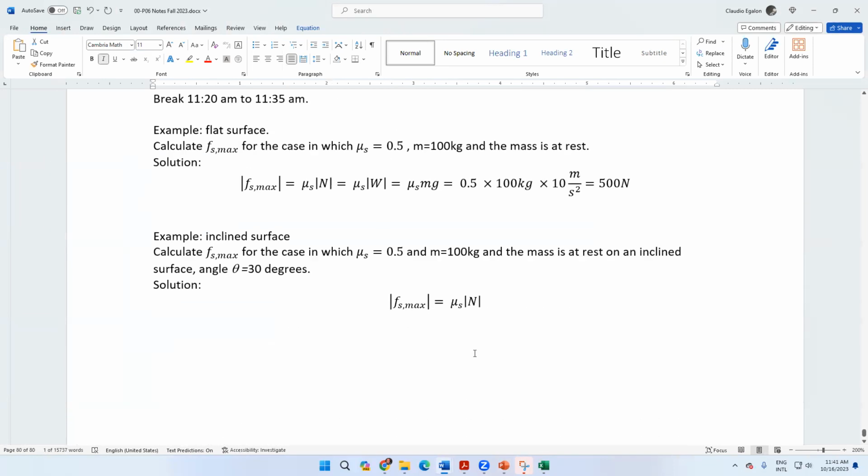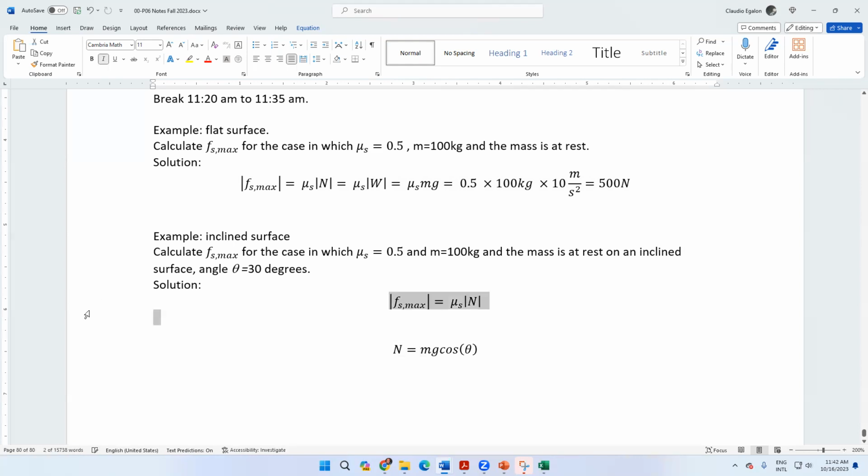This equation is the same as the other equation, but what is different is the normal. The normal here is going to be mg cosine of theta, because that surface is inclined.